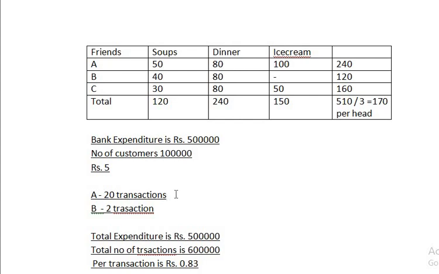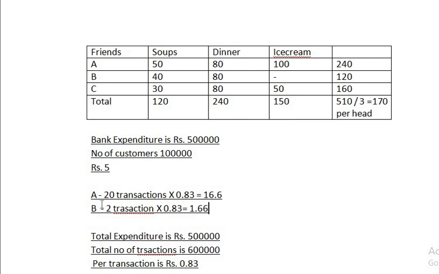For Mr. A, he did 20 transactions in a month. Per transaction is 0.83, so 20 multiplied by 0.83 will be 16.6 rupees. And for B, 2 transactions multiplied by 0.83 is 1 rupee 66 paisa.